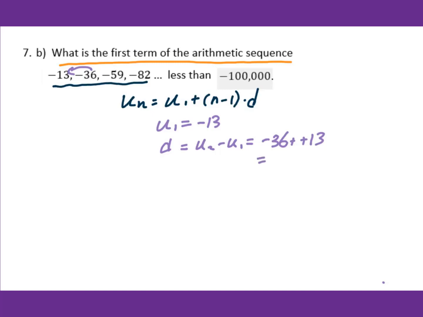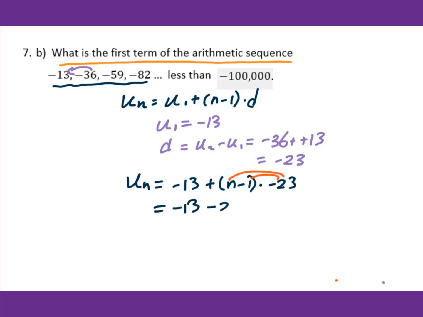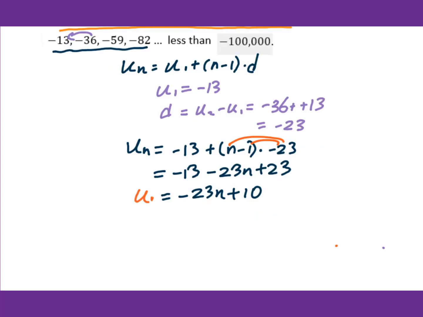So you get negative 23. Therefore, u sub n equals negative 13 plus n minus 1 times negative 23. Then we do the distributive property. You will get negative 13 minus 23n plus 23. So we get negative 23n plus 10. This will be u sub n.